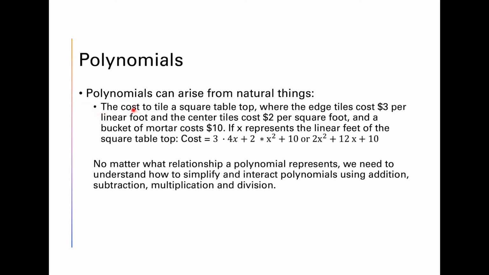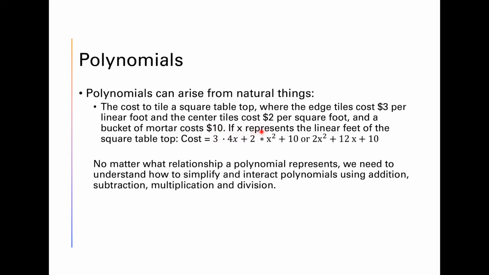So the cost to tile a square tabletop. Number one is the square, where the edge tiles cost $3 per linear foot, and the center tiles cost $2 per square foot. And a bucket of mortar costs $10.